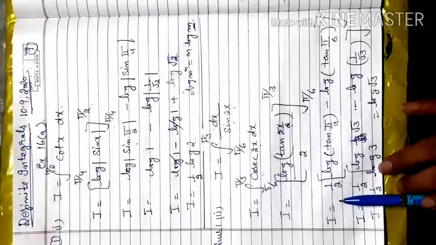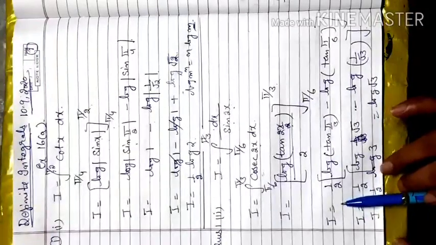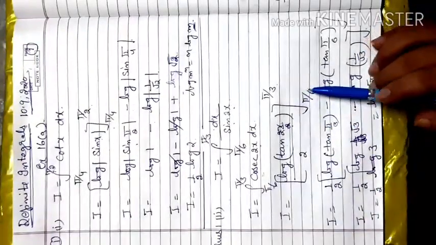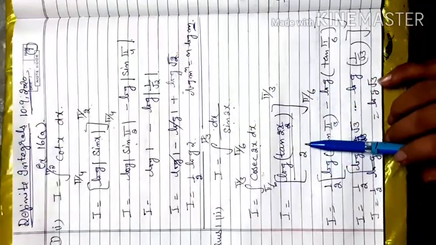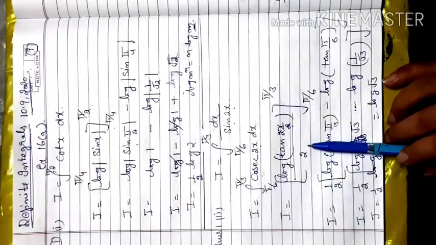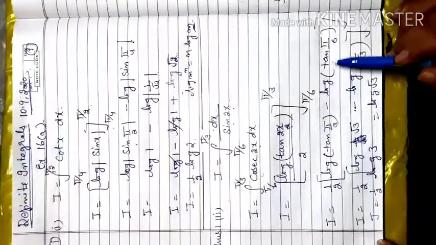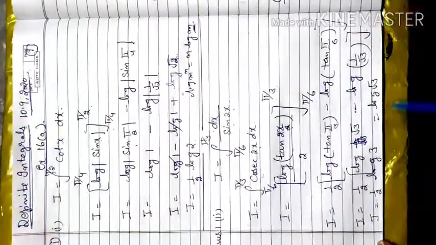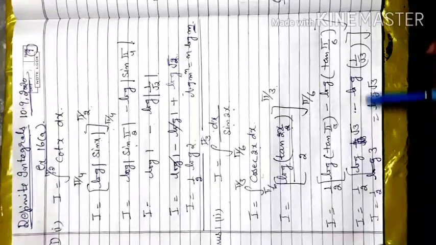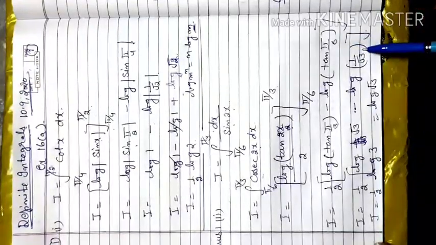1 by 2 keep it outside, because limits only apply to the variable. Any term that is divided by a denominator is taken out as common. So log tan pi by 3 minus log tan pi by 6. Tan pi by 3 value is root 3, and tan pi by 6 is 1 by root 3.